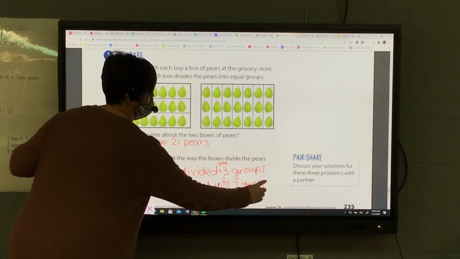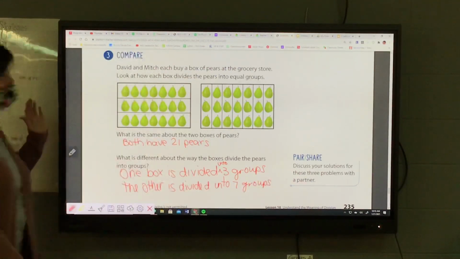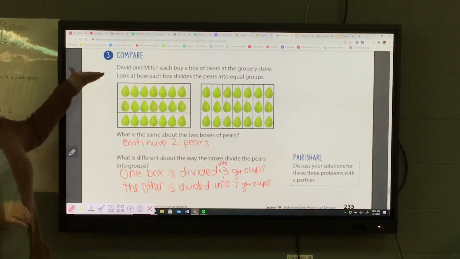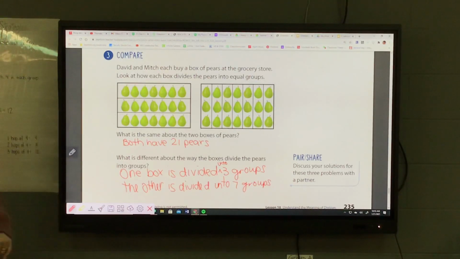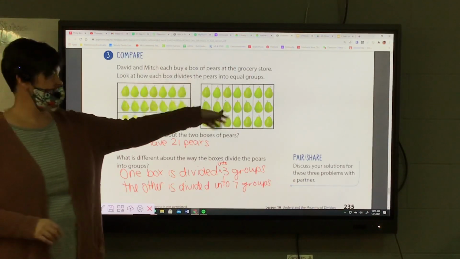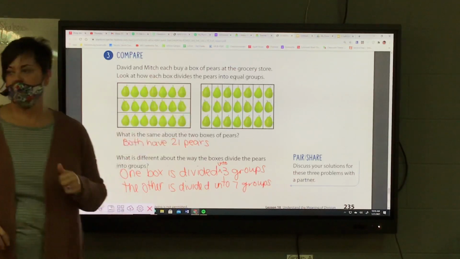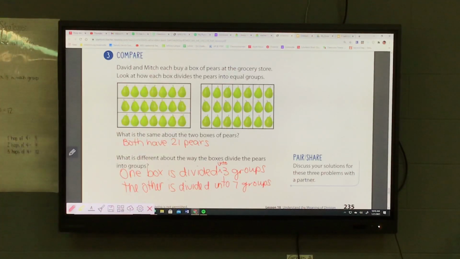Are the groups equal? Do they have the same amount in them? 7, 7, 7. 3, 3, 3, 3, 3, 3, 3. I think I forgot one of the 3s. So the groups have to be equal, don't they?